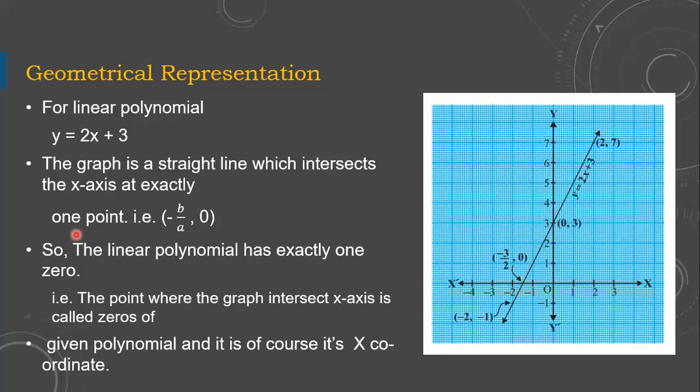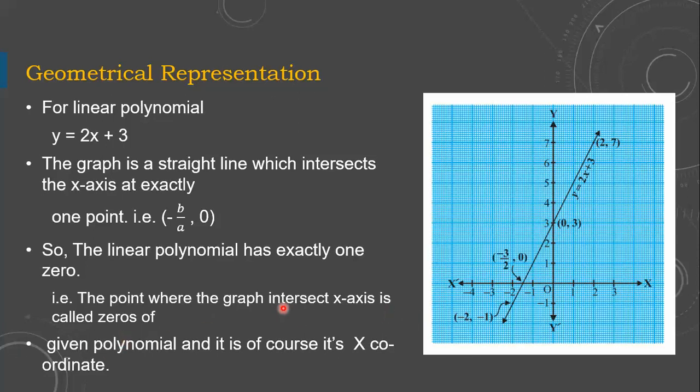The graph is a straight line which intersects the x-axis exactly at one point, and that is minus b upon a comma 0. So a linear polynomial has exactly 1 zero. The point where the graph intersects the x-axis is called the zero of the polynomial.